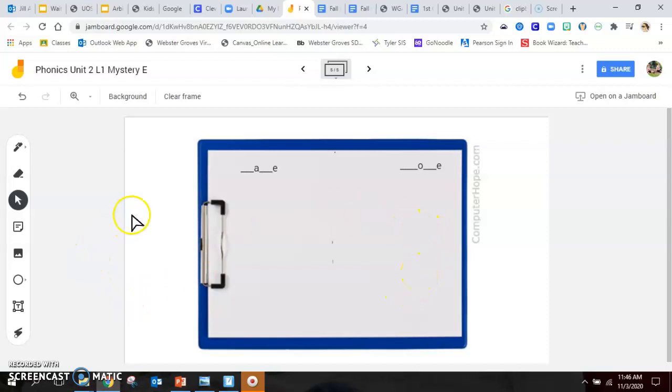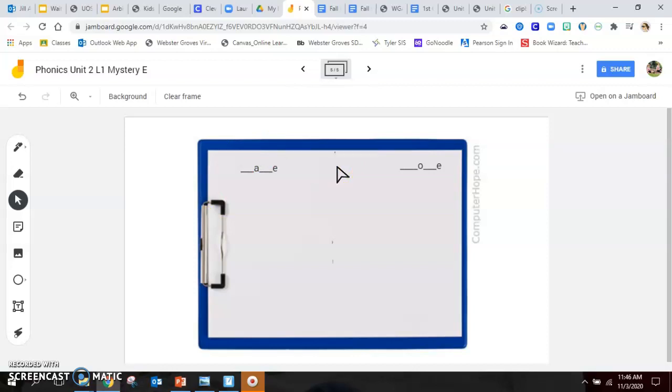And I want you to make 2 columns on your paper. Now, we're detectives, right? Detectives collect evidence. And so that's what we're going to do. So on one side of my paper, I have written blank A, blank E. What do you think I wrote that for?